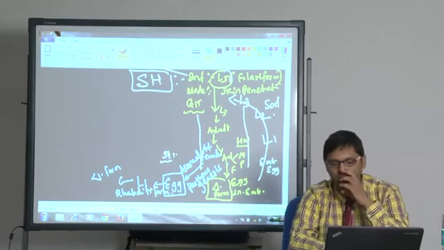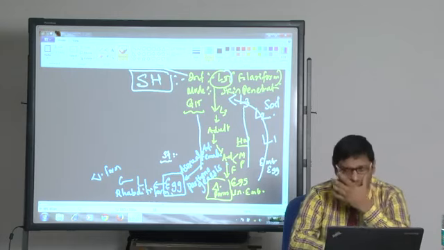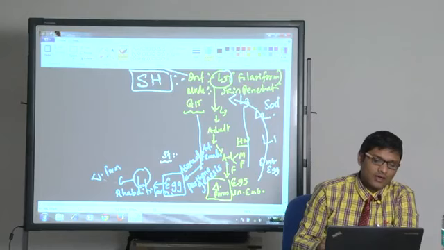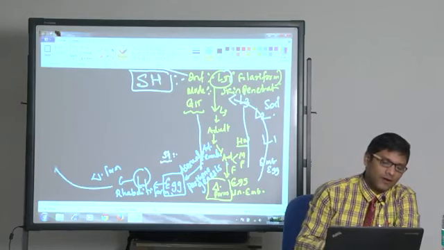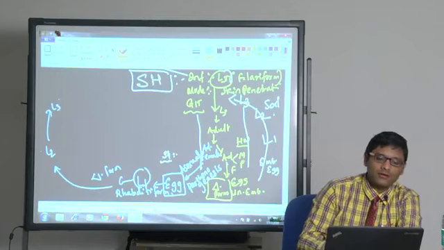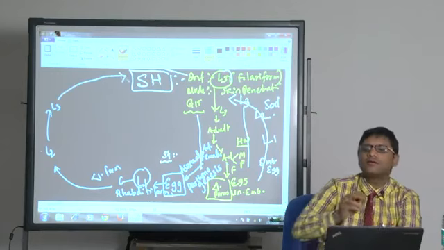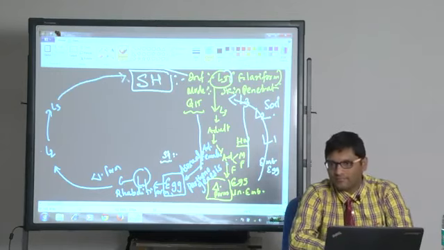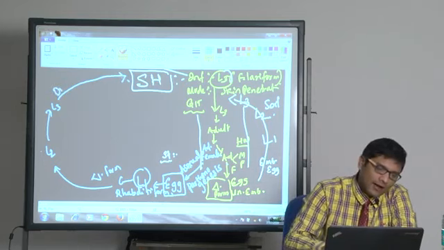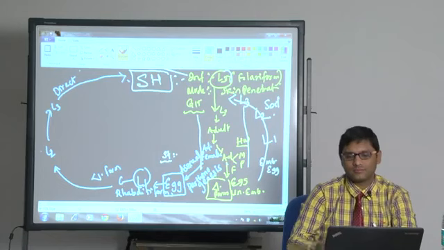L1 is called rhabditiform larva, and this L1 in the environment will become L2 and L3, then L3 is the infective form. This is called the direct environmental cycle.